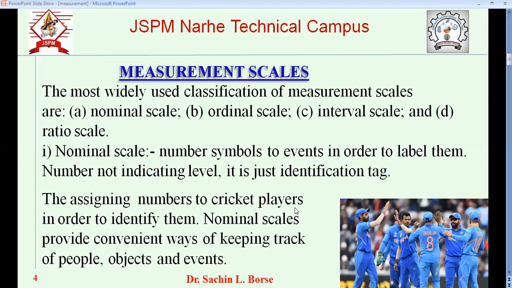First is the nominal scale, then the ordinal scale, the interval scale, and the last one is the ratio scale. They are in increasing order of, we can say, best scale. The ratio scale we mostly use in engineering and science, and the remaining are not as good, but they are used.